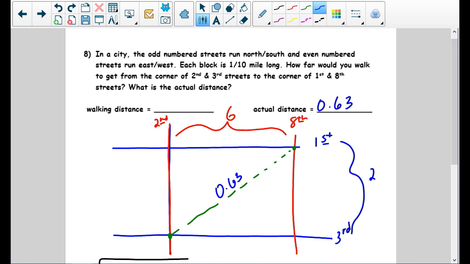Okay, what would the walking distance be? What would the walking distance look like? Well, if I walk, I have to walk following the streets, right? I can't just walk through buildings. So I'd walk up 2 blocks and over 6 blocks. So it would really be 8 blocks, right?